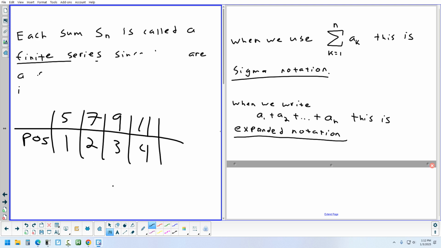So the first thing you need is a capital sigma. What number did I say is the first one we're going to add? What position are we going to start with?